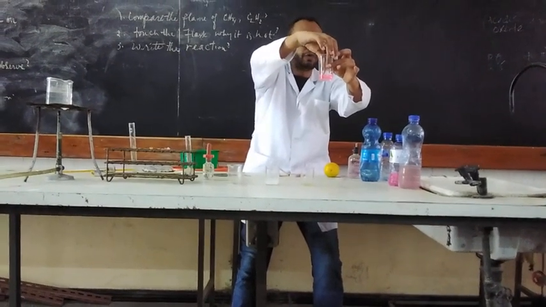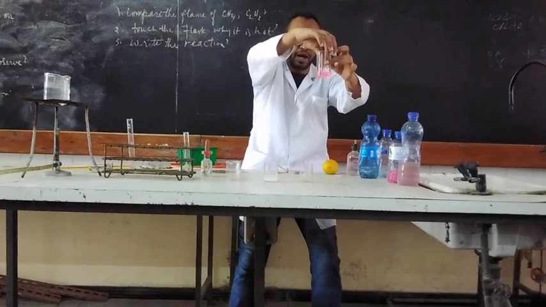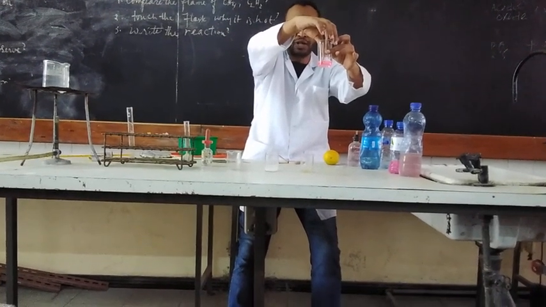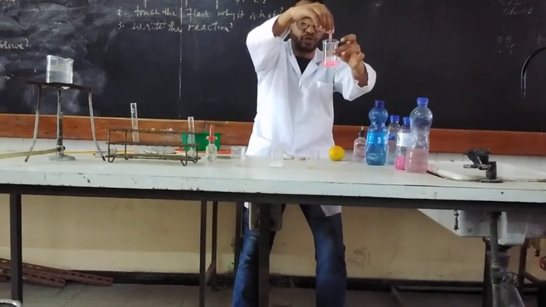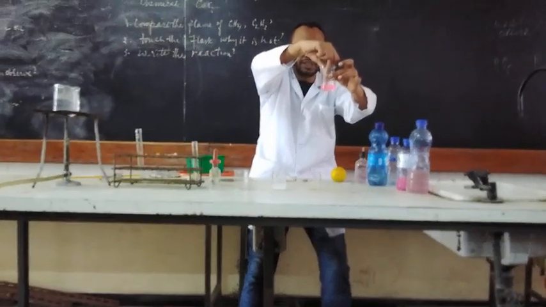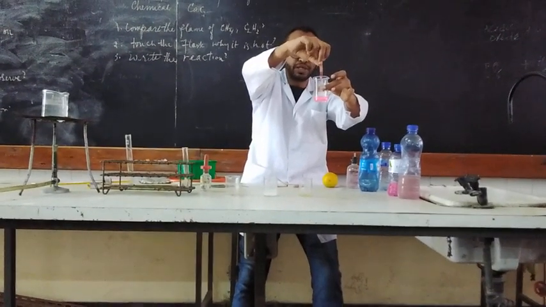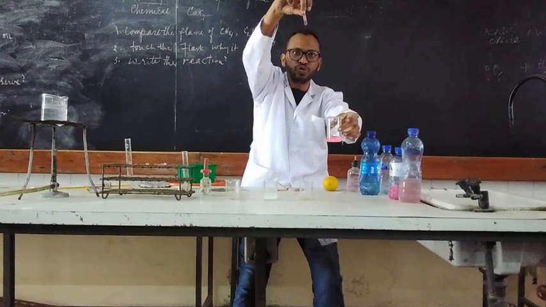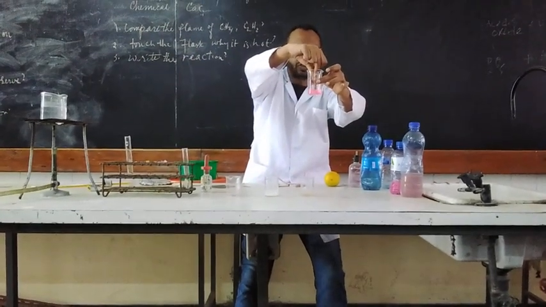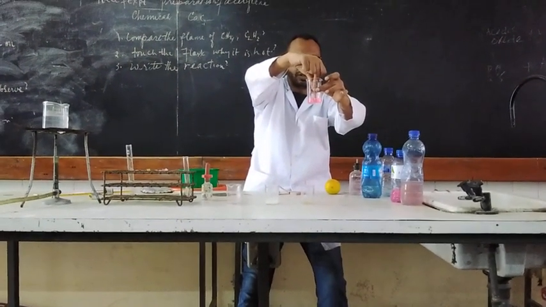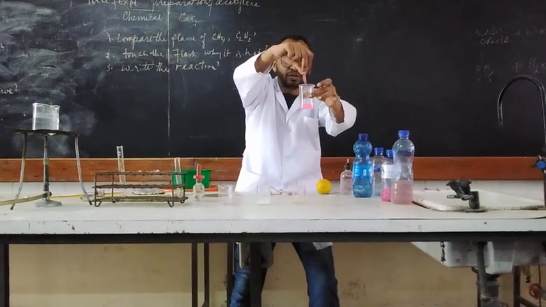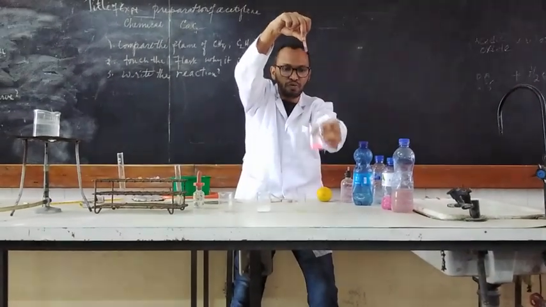They are made up of base. As you see now, this red litmus paper immediately changed into blue. You see? Blue.